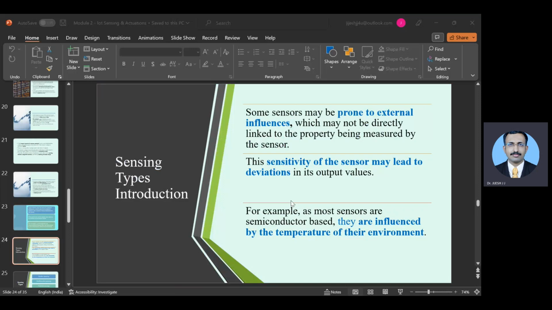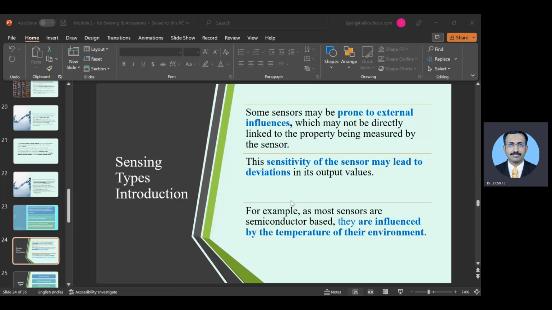Sensors may be prone to external influences which may be directly linked or may indirectly affect the sensor. Sensitivity of the sensors may lead to deviations of the output values.